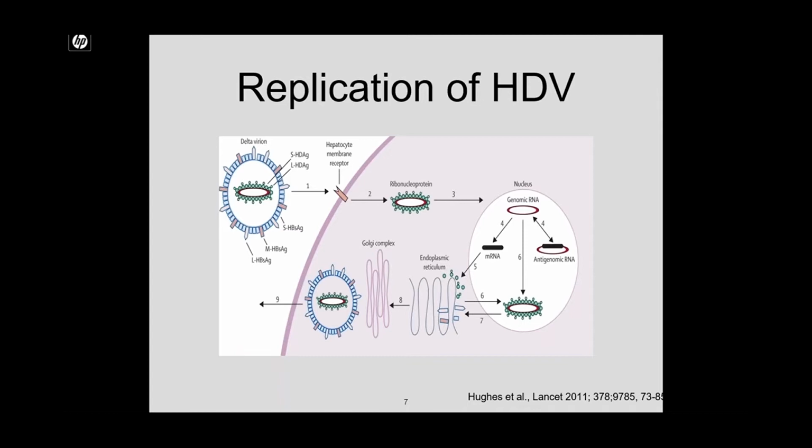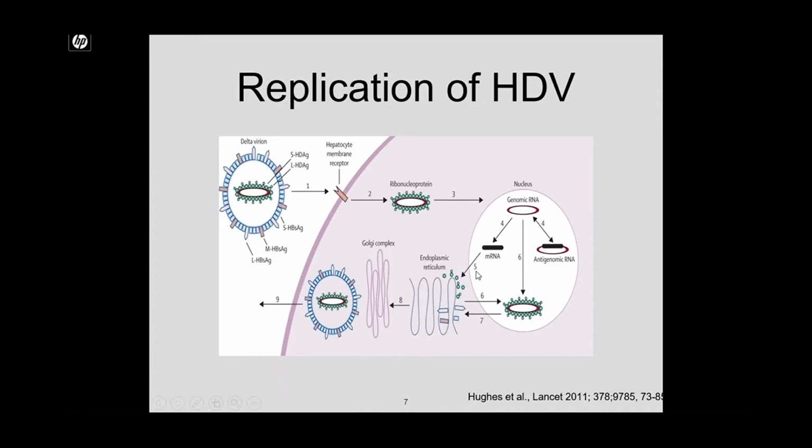They share the same receptor, the sodium taurocholate co-transporting polypeptide, which is also an important target site for drugs against hepatitis B and hepatitis D infection. This early phase is usually the same because they share the same receptor. After this, the next important process is uncoating and entry into the nucleus.